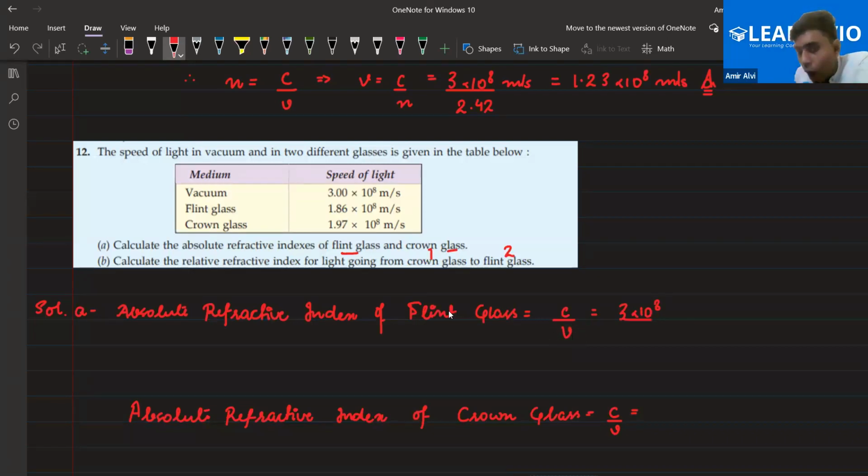Velocity of flint glass, देखो velocity of flint glass is given 1.86 into 10 to the power 8। Clear है? So this 10 to the power 8 will get cancelled। यहाँ पे आपका आ गया 3 by 1.86. So it is coming out to be 1.61. Is this clear? Junaid and Arish?